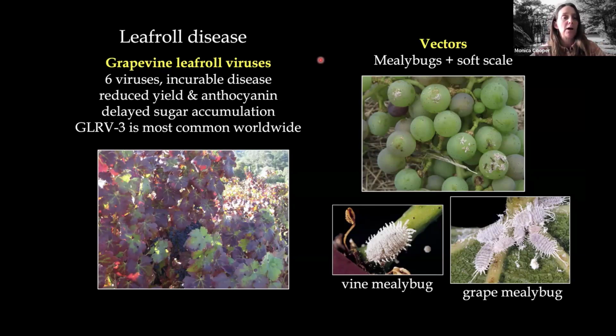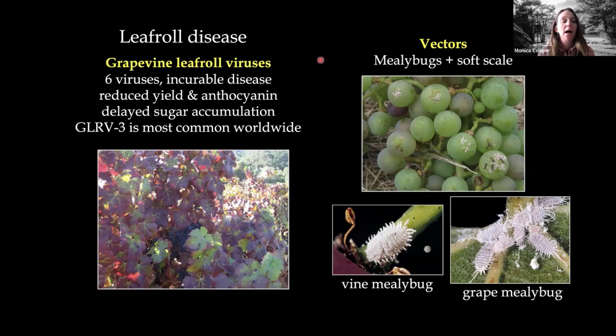And then the reason why we're talking about this today is because leafroll disease has effects both at the general level of vine health overall, but then also specifically on ripening of the fruit and anthocyanin production, sugar accumulation. And if you have a chronic leafroll infection, you do see reduced yields.